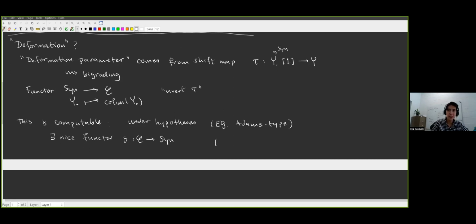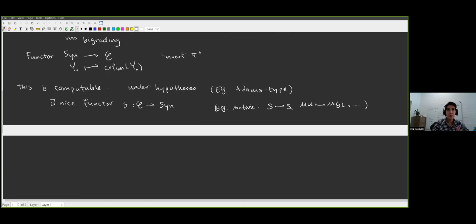So to justify the word nice, I'll say in the motivic case, it's something that sends the sphere to the sphere. It sends MU to MGL. So it magically picks out the correct motivic analog of all of these classical spaces.